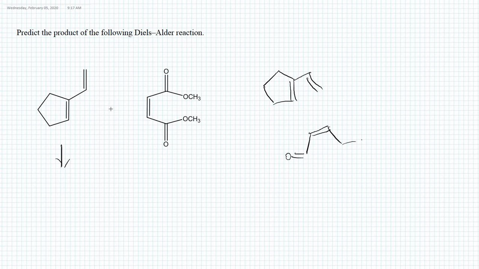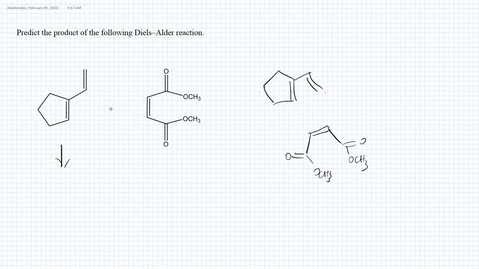So let's draw the ester functionality here.